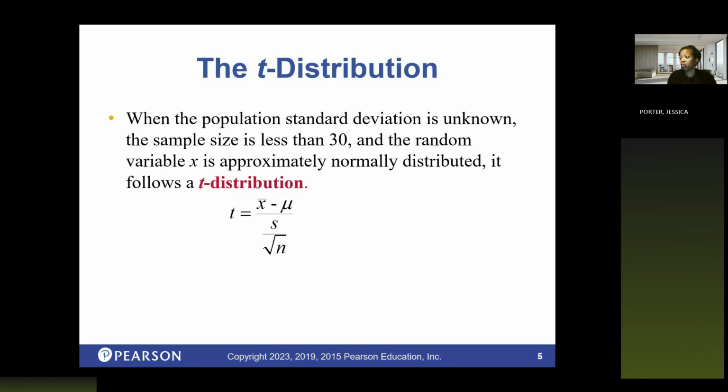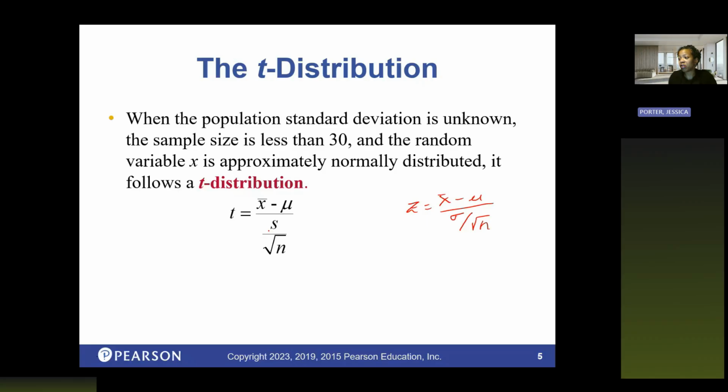And when the sample size is less than 30, and the random variable is approximately normally distributed, we follow a t-distribution. So t is then equal to, and this is going to look similar to the z. So z was x bar minus mu over the population standard deviation over the square root of n.